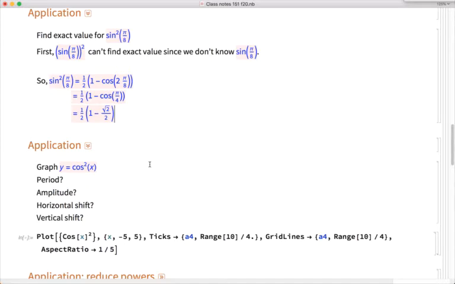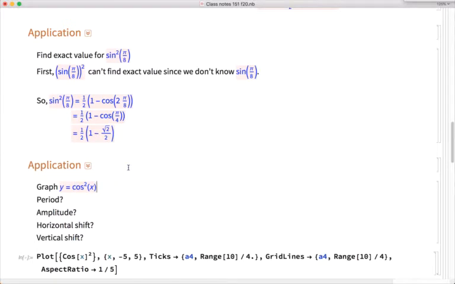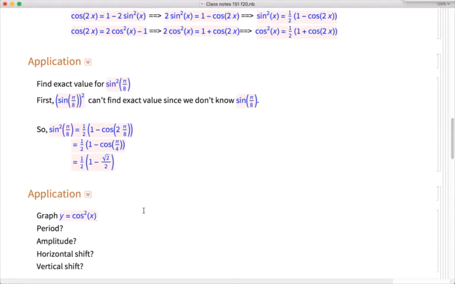Okay, so here's another application of this power reduction. If we're asked to graph cosine squared, we're sort of sunk, because all we've been trained to do is to graph transformations of cosines and sines and tangents. And this isn't a simple transformation. Okay, so what we're going to do instead is rewrite this using the trig identity.